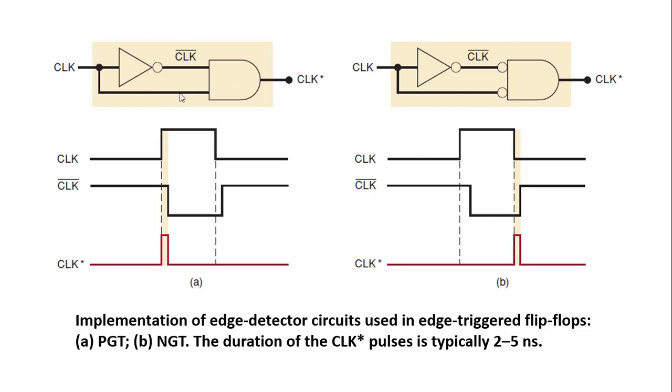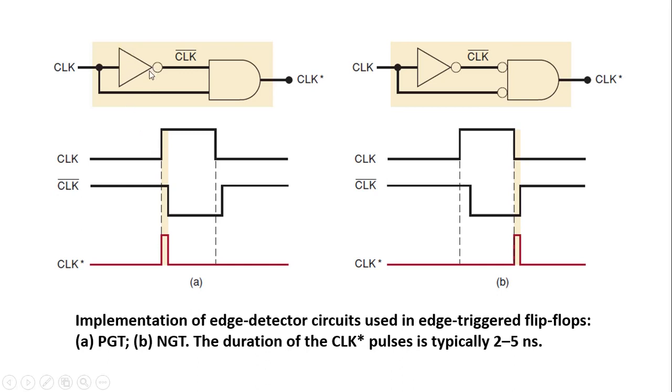So this is the circuit for the edge detector for positive edge triggering. We have connected a NOT gate here, and we are directly giving the clock to this AND gate and the clock bar through this inverter. And finally we are getting this clock star, this narrow edge. So how does this work?